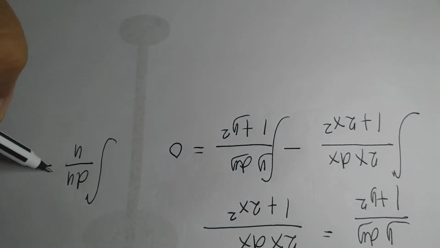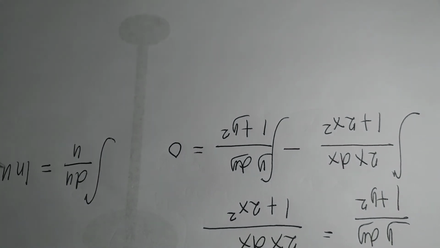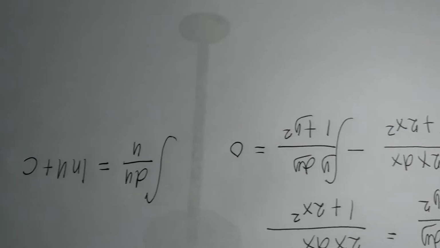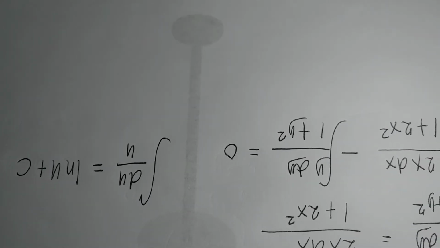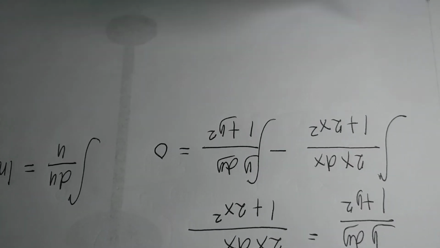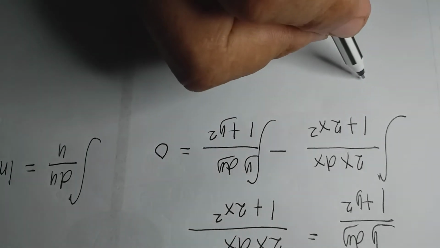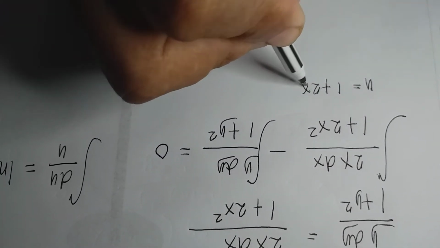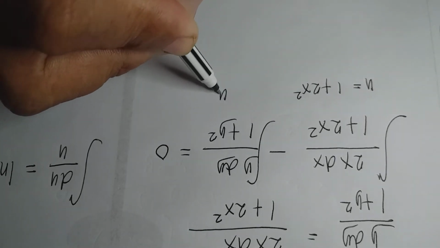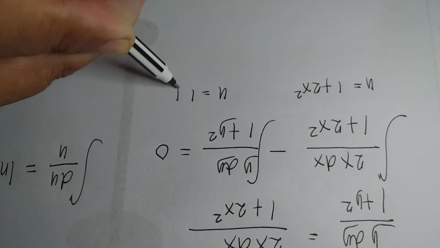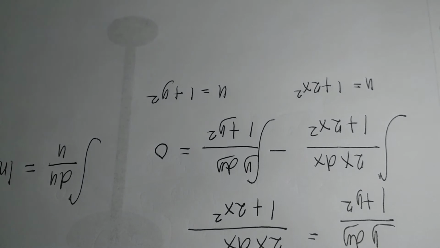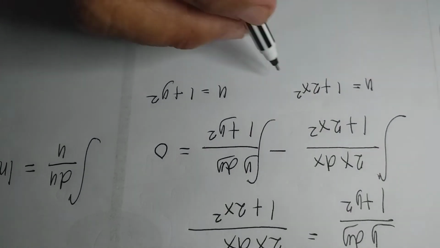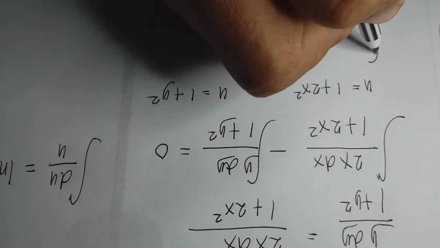And the integral of du over u is ln of u plus c. So what will be our u here? We have u equal to 1 plus 2x squared, and in the other term, u is equal to 1 plus y squared.